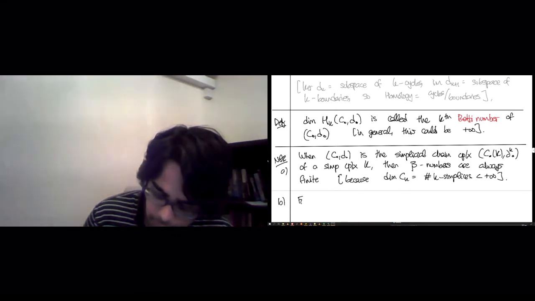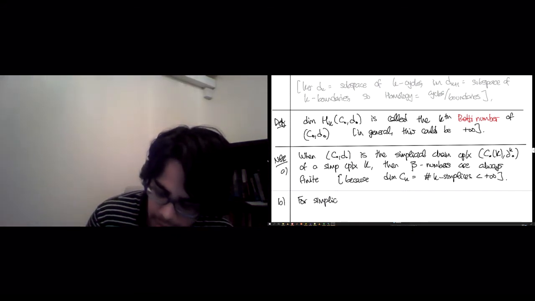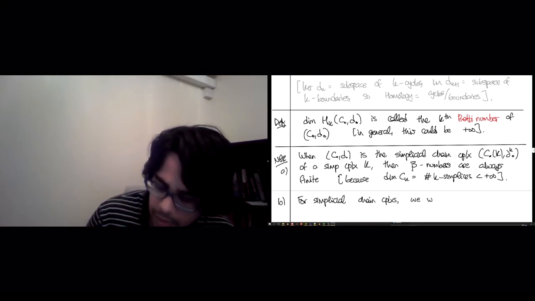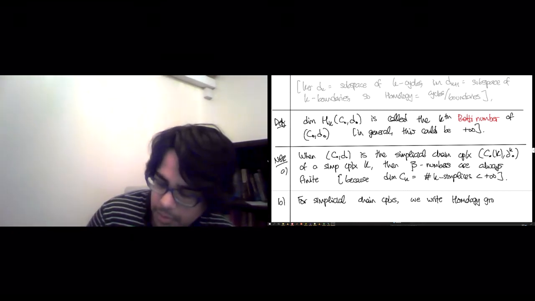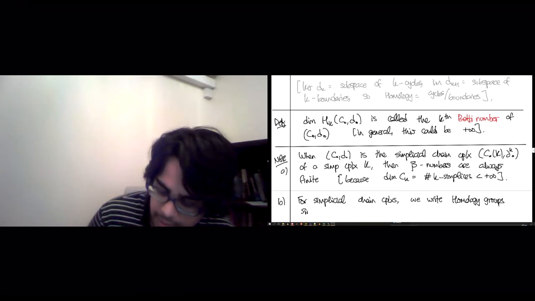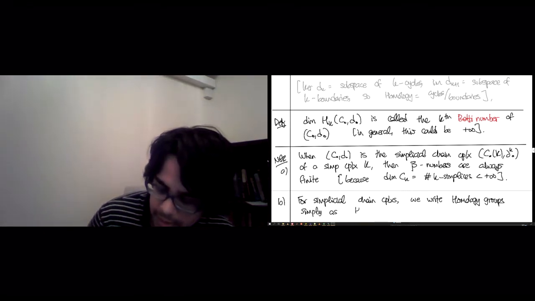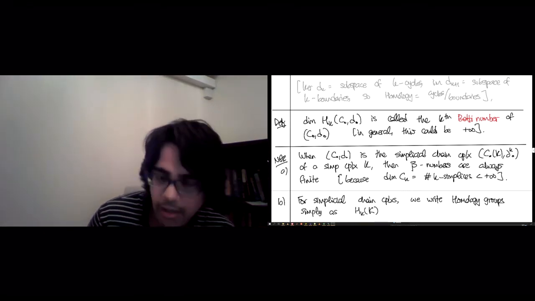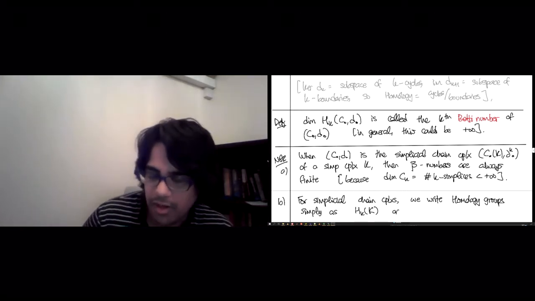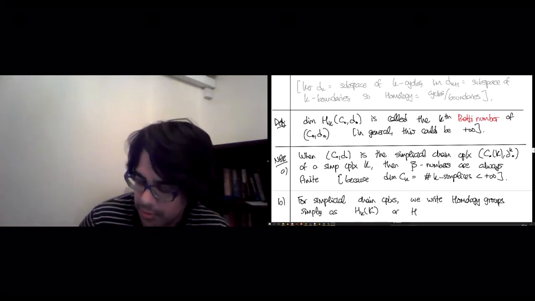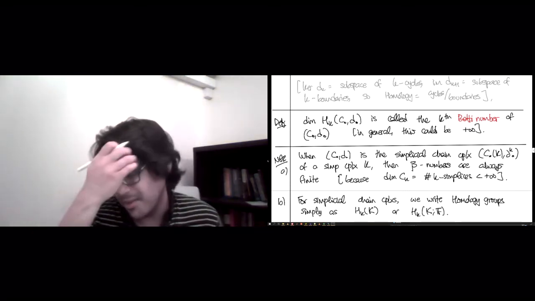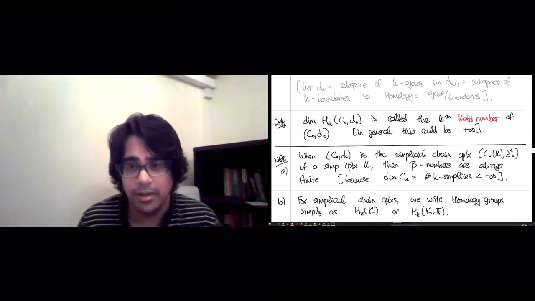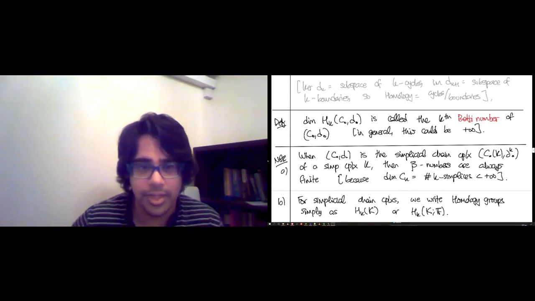So for simplicial chain complexes, we write the homology groups simply as, let's say, Hk of K, or if you want to really emphasize the choice of the field, you can write K and then separated by a semicolon, the field F, just to say that everything I say is going to be a vector space over F. We use the field F to generate all our coefficients.